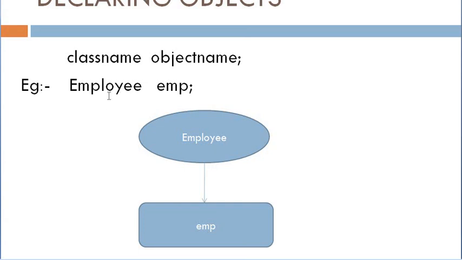Now this statement, employee space EMP, creates an object EMP out of this class prototype employee. Here employee is the class name and EMP is the object name followed by a semicolon.